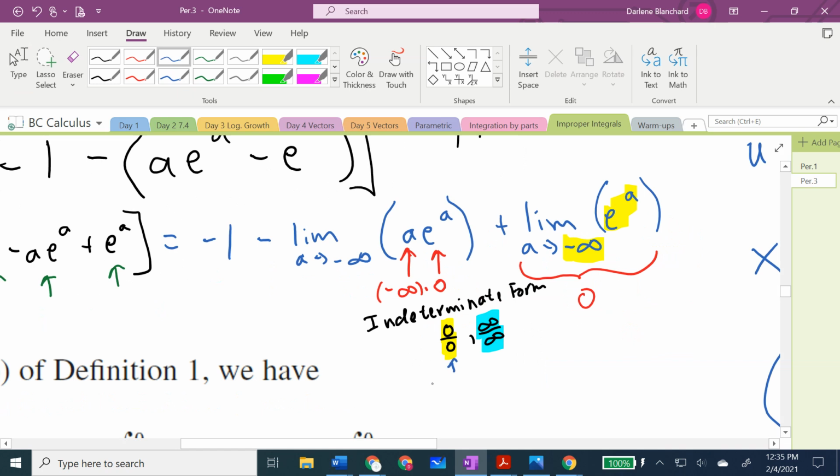This one, you could look at it as 0 times 1 over 0. This one, you could look at it as infinity times 1 over infinity. So anytime you have infinity multiplied with 0, you actually have an indeterminate form. You can't solve the limit as is. What are you going to do?